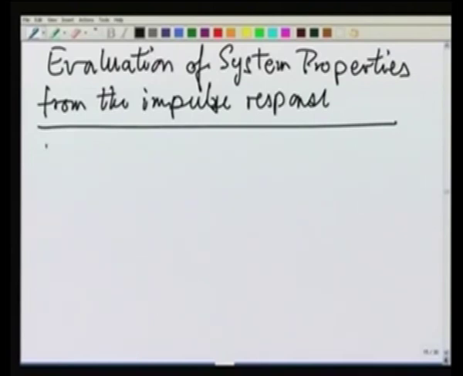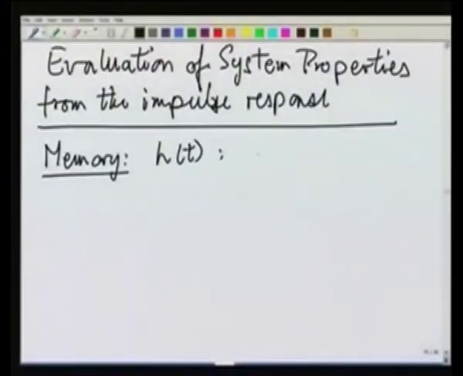First, memory. If a system is memoryless, then we know that the current value of the output only depends upon the current value of the input. Therefore, y(t) should not be dependent upon any value of x(t) apart from the point at which y(t) is being calculated.